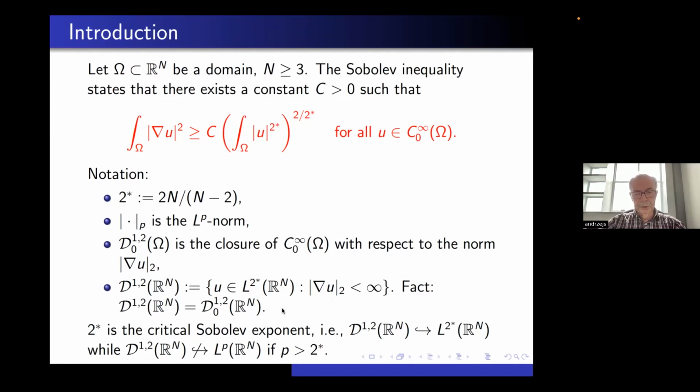And 2 star is known to be the critical Sobolev exponent in the sense that D^{1,2} of R^n can be embedded in L2 star, but not in Lp for any p bigger than 2 star.